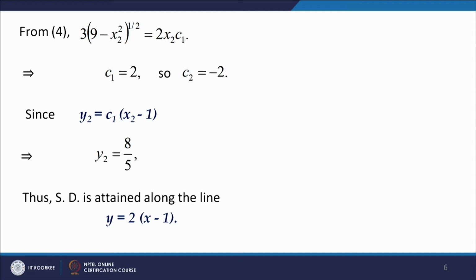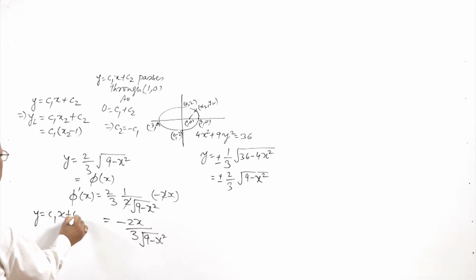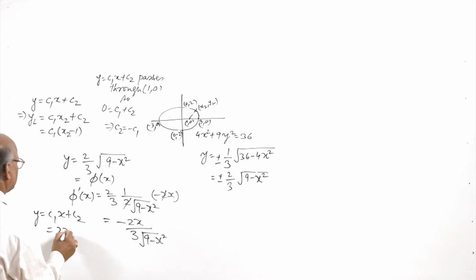Thus we can say that the shortest distance is attained along the line y equal to c1x plus c2, which is, c1 is 2, so 2x minus 2 or 2 times (x minus 1).